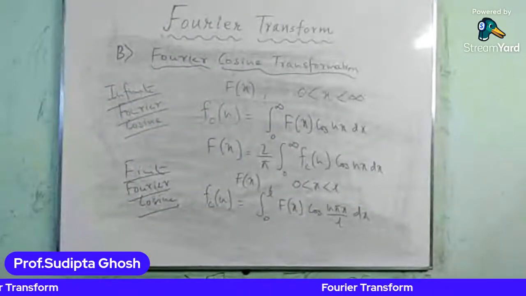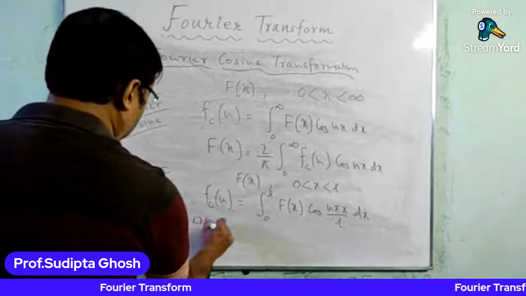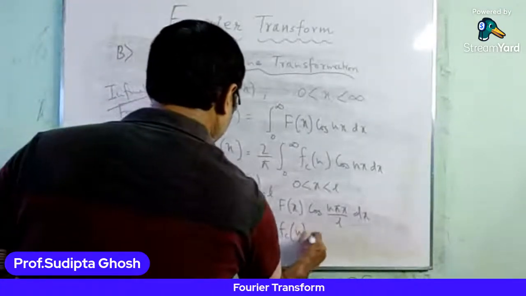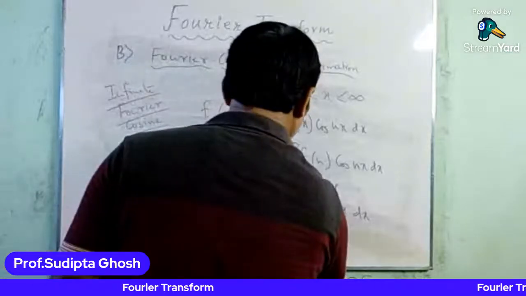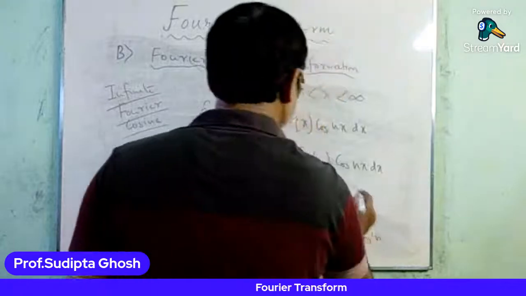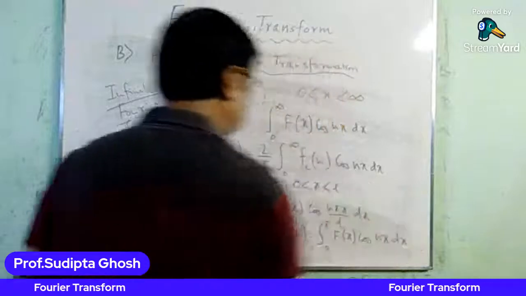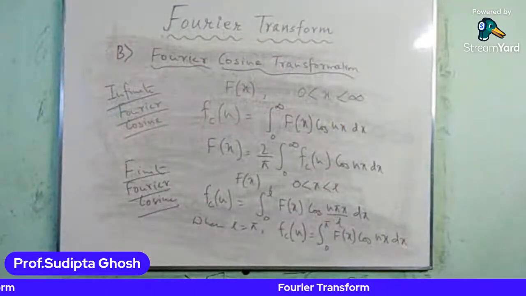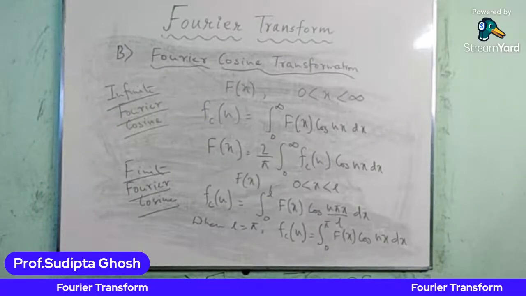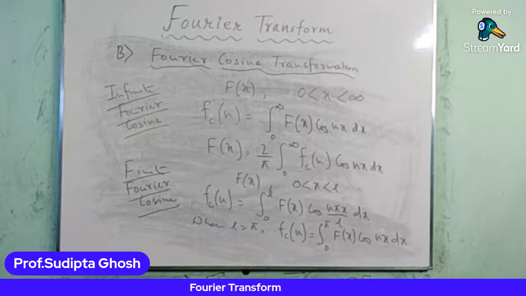When L equals pi, then Fc of n equals integral 0 to pi of F of x cos nx dx. Okay. So there are similarities between the Fourier sine transformation and Fourier cosine transformation.